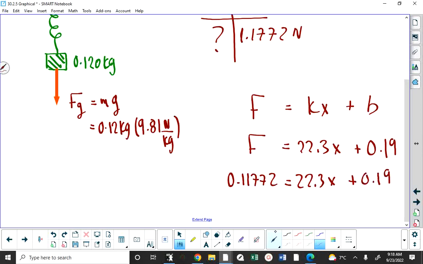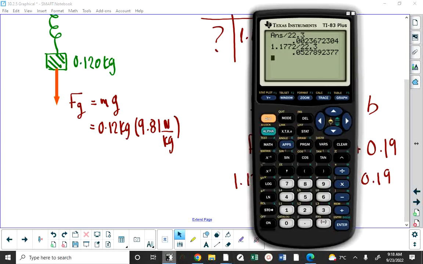You can see mathematically what happens is that the number that we divided by 22.3 earlier is going to be reduced a little bit first, and that will give us an accurate answer. So solve that equation for me, please. You're going to take that force minus 0.19 and then divide by 22.3.